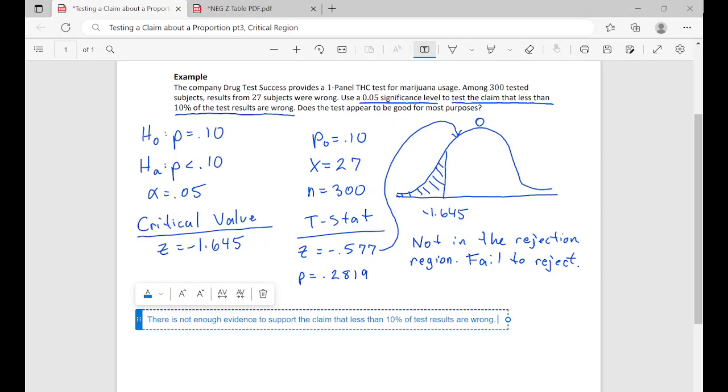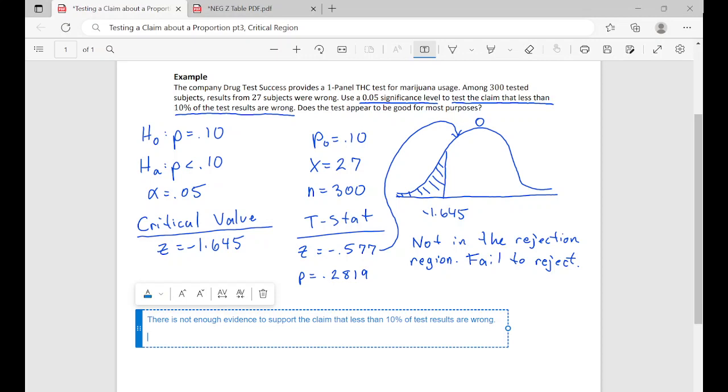Now the other part is, does the test appear to be good for most purposes? Well, 27 people out of 300 got bad test results. That'd be bad for a job or anything else where you need to make sure that you are good to go.